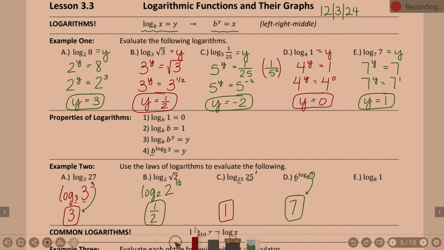And E, log base 8 of 1. 0. Log of 1, any base is 0. That is property 1. Not that you have to know the property numbers, I'm just trying to relate them back to you. Okay, I've been moving fast. Are there questions I need to pause and answer?